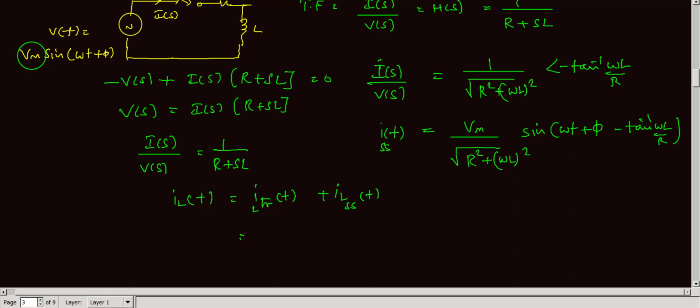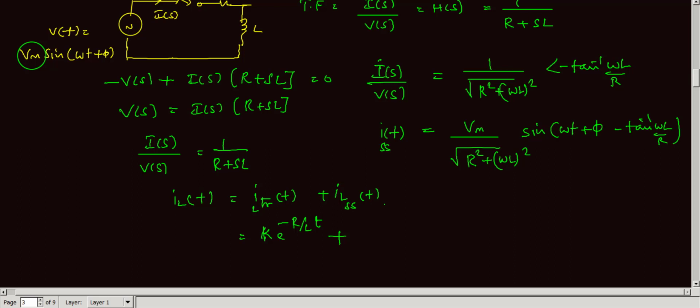What is the transient? K into e power minus R by L t. I am not changing the basic: the current through the inductor before the switching action is the same after the switching action. Keep in mind, the basic is not changed, and the circuit is also not changed.